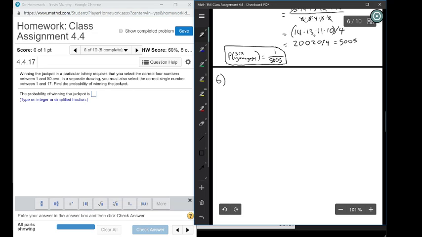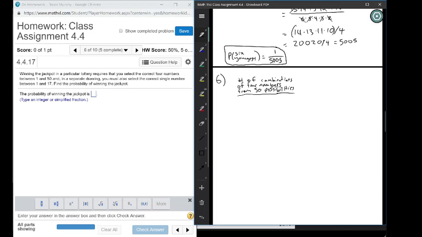So we have, that means that we want to take the number of combinations of 4 numbers from 50 possibilities, because it doesn't state that the order matters, so we want combinations.